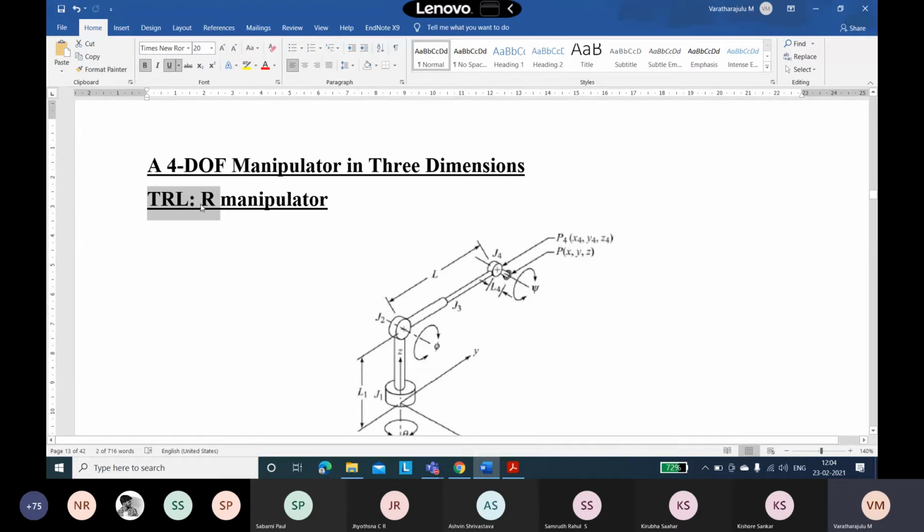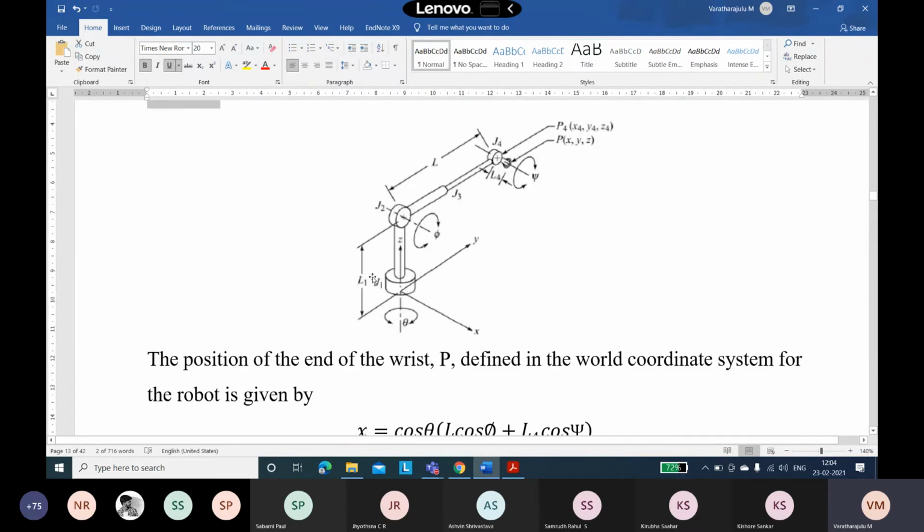This apostrophe is used to differentiate the end effector. The end effector is an R type, so to differentiate it from the other joint, we introduce an apostrophe or colon.